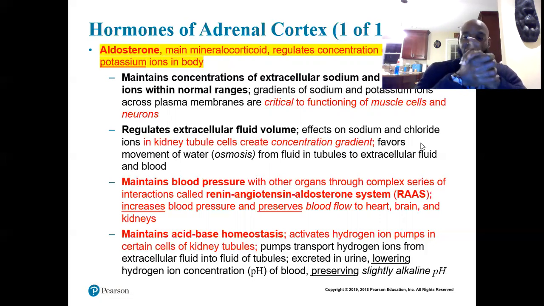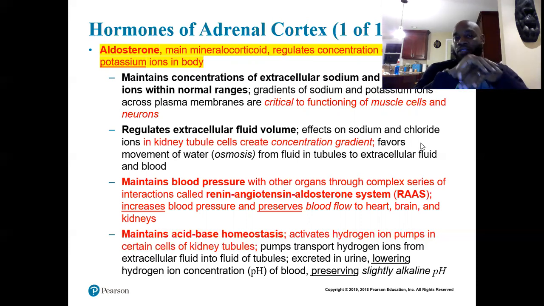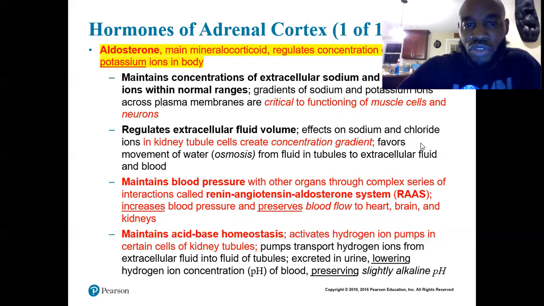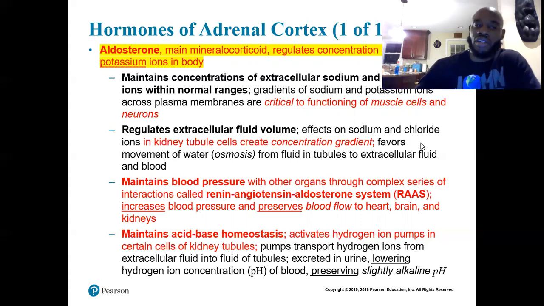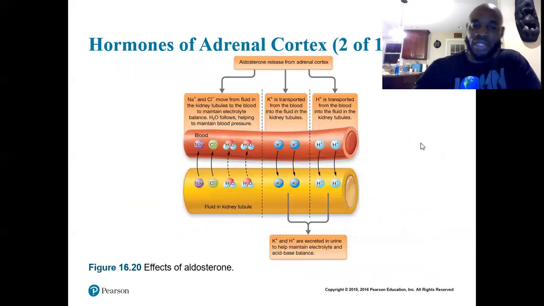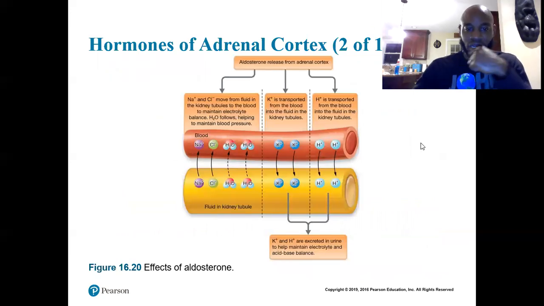So we want your blood pH to be a little more basic versus being acidic, a little bit above 7. So that can also be controlled at your kidneys, and aldosterone secreted by your adrenal cortex can help do that, right?